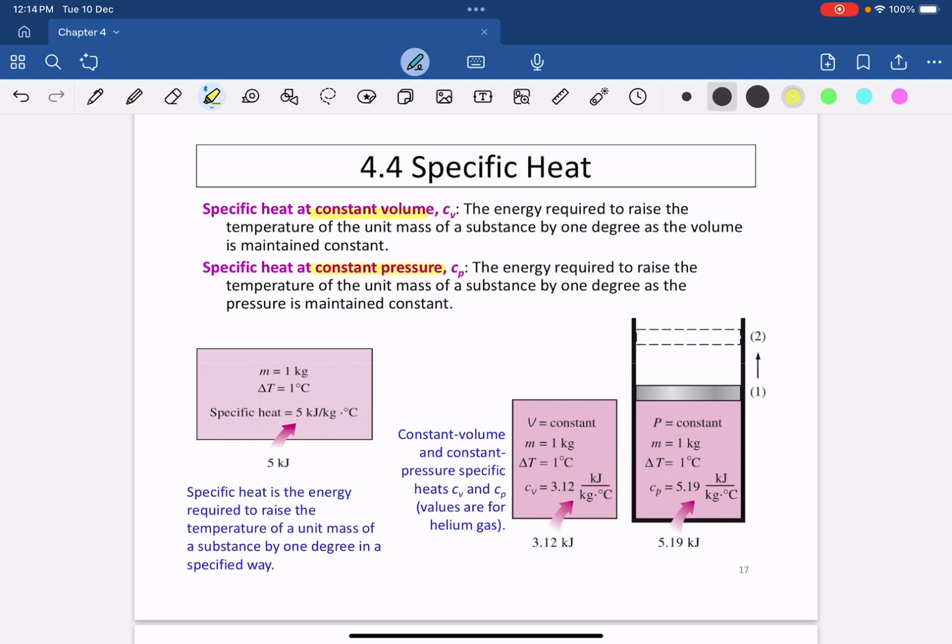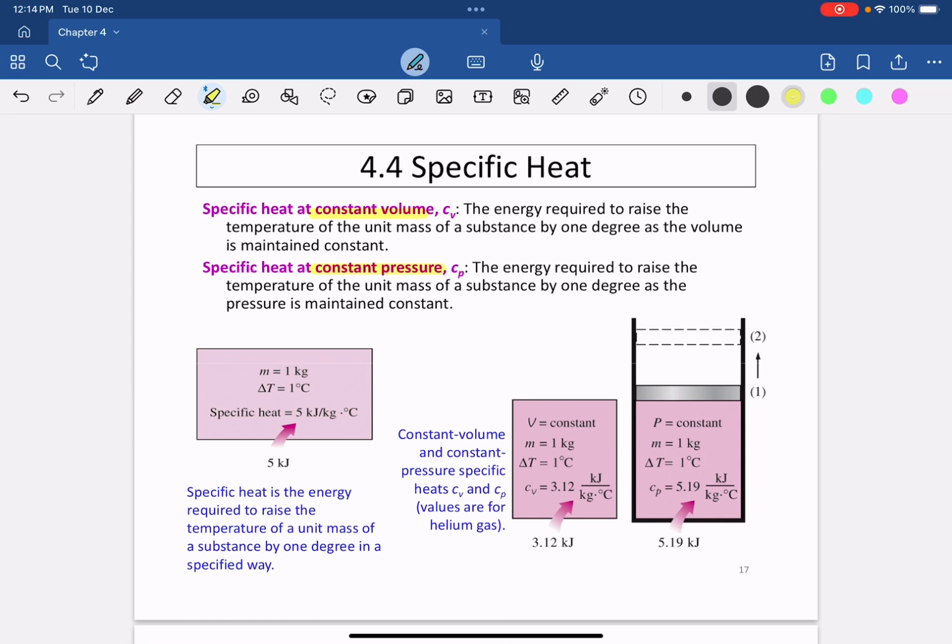The second, the specific heat for a constant pressure process, is defined as the energy required to increase the temperature of 1 kilogram of that substance by 1 degree, where the pressure is maintained. So we have these two types of specific heat, depending on how the process is executed.